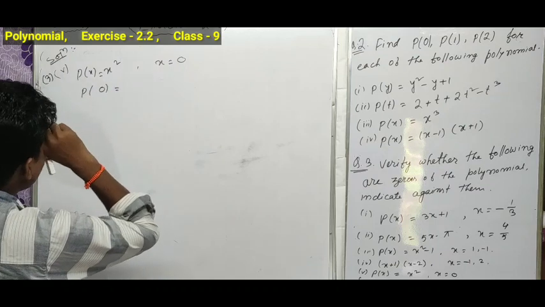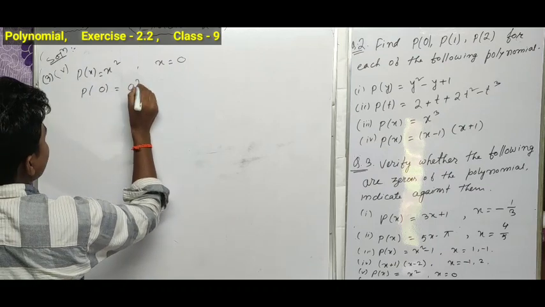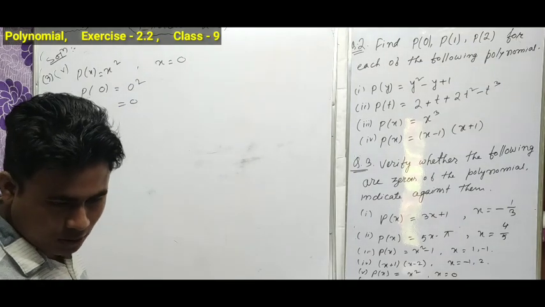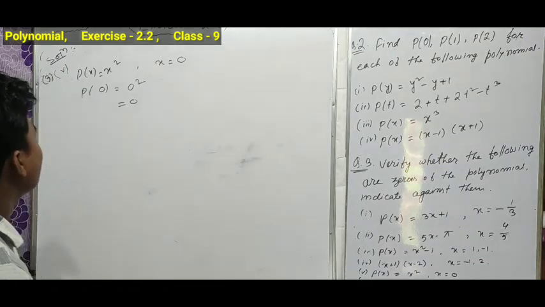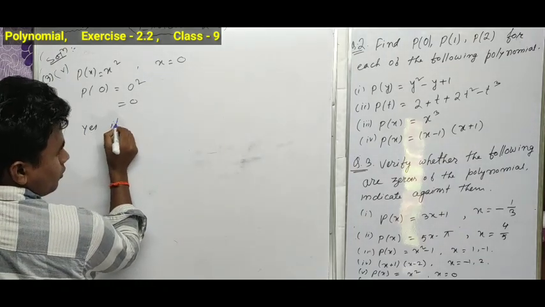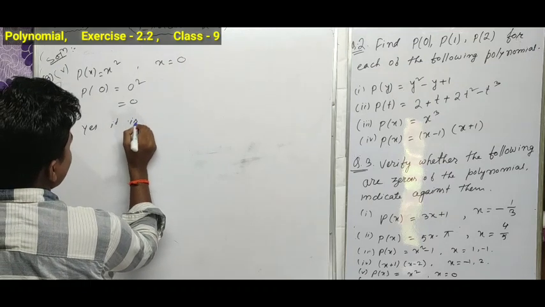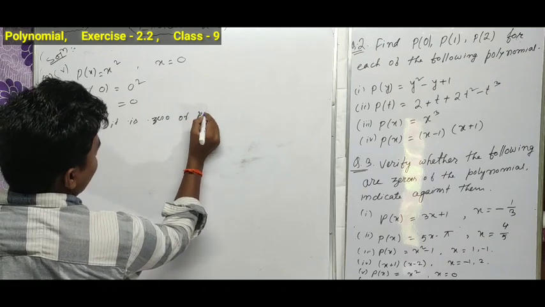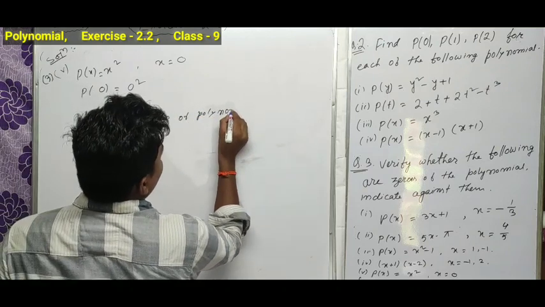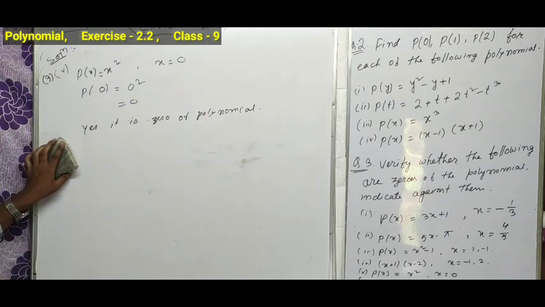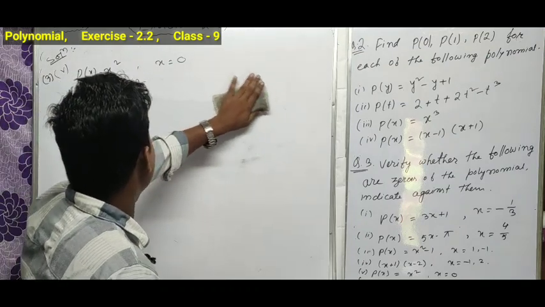So if we put here 0, you can put here 0 square. That means 0. Very simple. Yes, it is a 0 of polynomial.